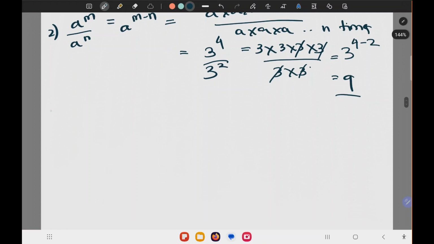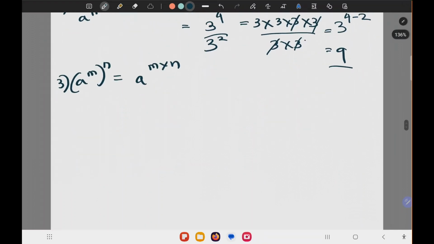And then we have a to the power m, to the power n, and this is equal to a to the power m times n. So how does this work?